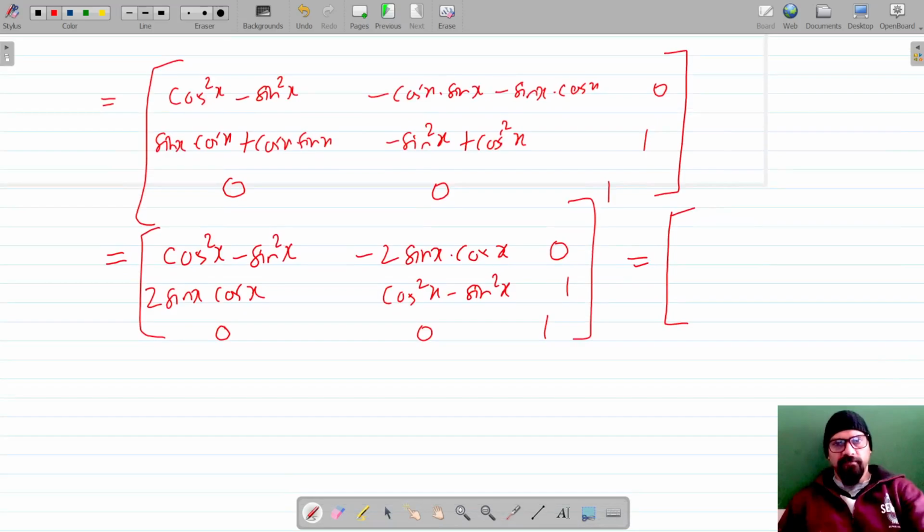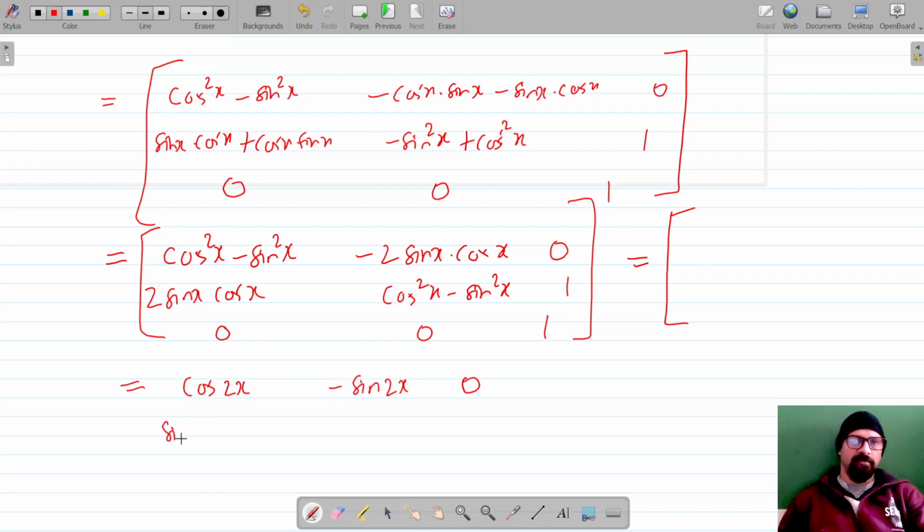So cos square x minus sin square x is cos 2x, so I can write it as cos of 2x. 2 sin x into cos x is sin 2x, so this is negative sin 2x, 0.